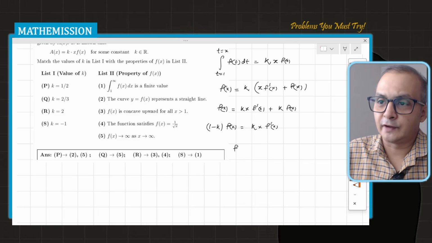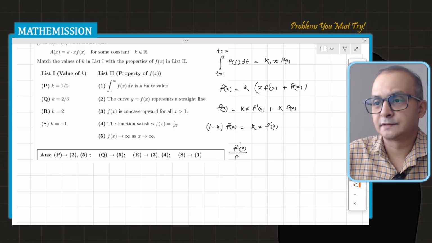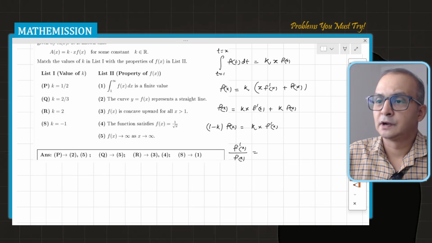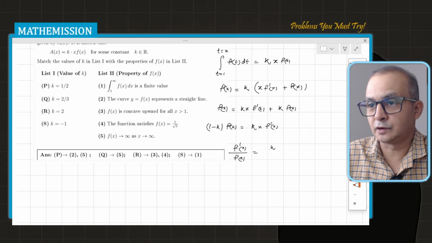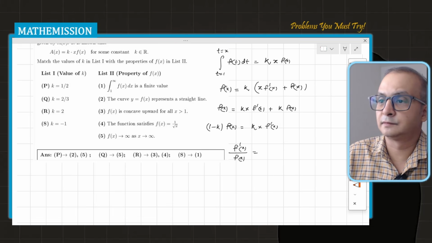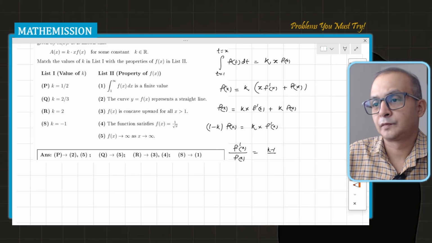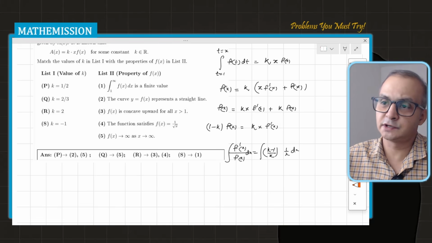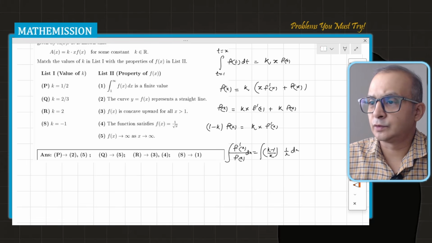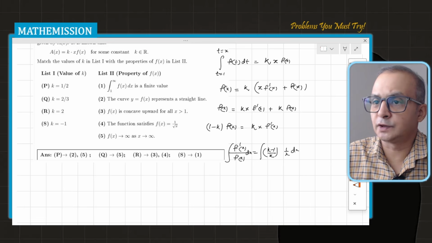We can now write f'(x) by f(x) is equal to, not k times, k minus 1 by k, 1 by x, and this is going to be our integration establishment. So this is actually going to be 1 minus k there.